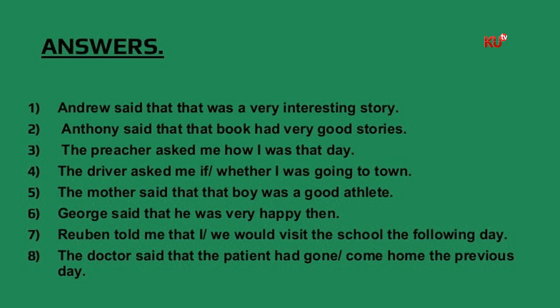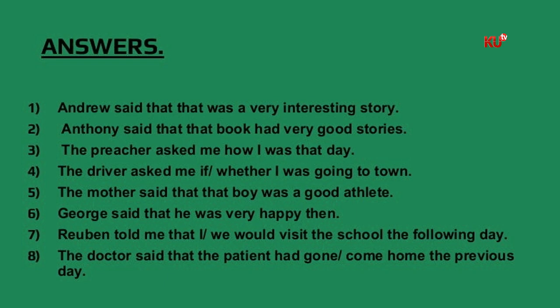And that brings us to the end as we look at the conclusion of what we have been doing today. We want to see what we have covered so as to be able to change correctly from direct to reported speech. So we started by defining what direct speech is and what reported speech is.